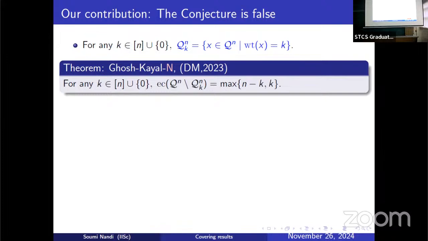The minimum degree of the polynomial will be the max of a and a minus. So if we put n as 7 and k as 3, then we get the conjecture to be false.